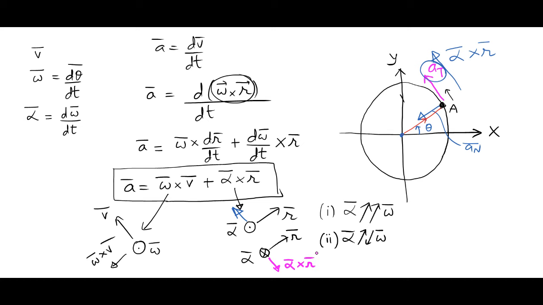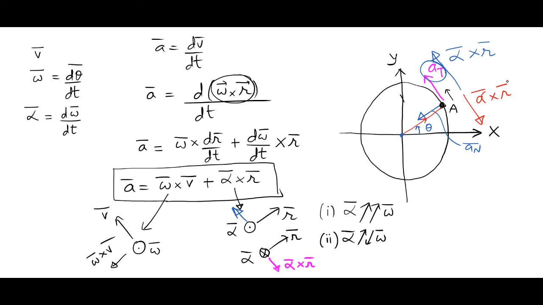Now if you just draw it in the right hand side diagram, you get alpha bar cross r bar to be in the backward tangential direction, and that is the expected direction of a tangential bar under the given case where we are assuming that the particle is slowing down, and so the tangential acceleration must be in the backward direction.